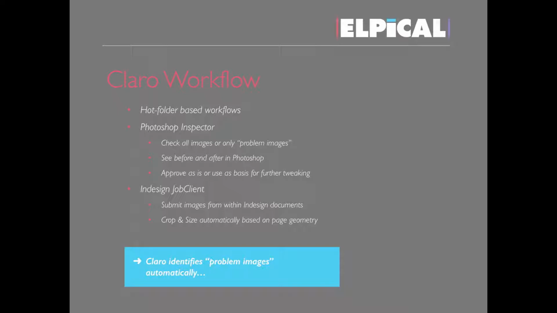Also for cropping, this is important. We have what we define as soft cropping and hard cropping within Claro. Soft cropping being the image optimization that is done based on the frame, the part of the image that is actually being used in your page layout.